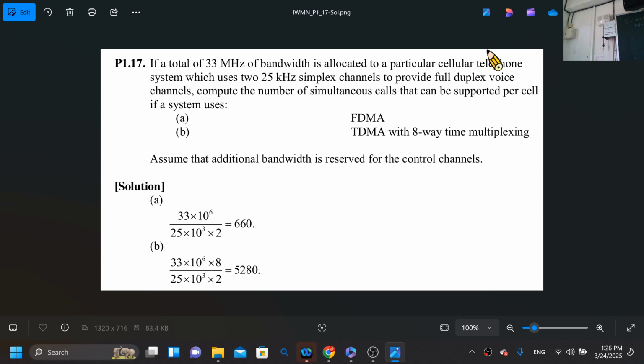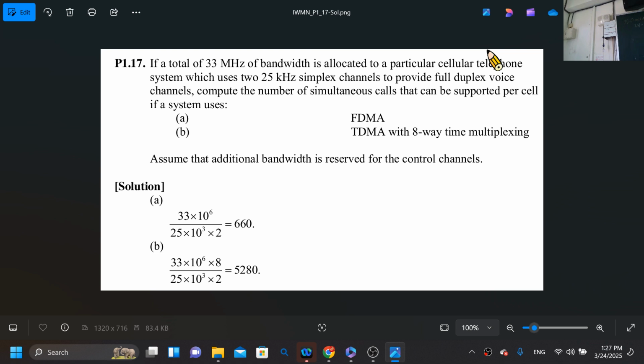So first one, A, because of FDMA, we have the frequency over the frequency band 25. And because of full duplex, for each one we have the simultaneous code.